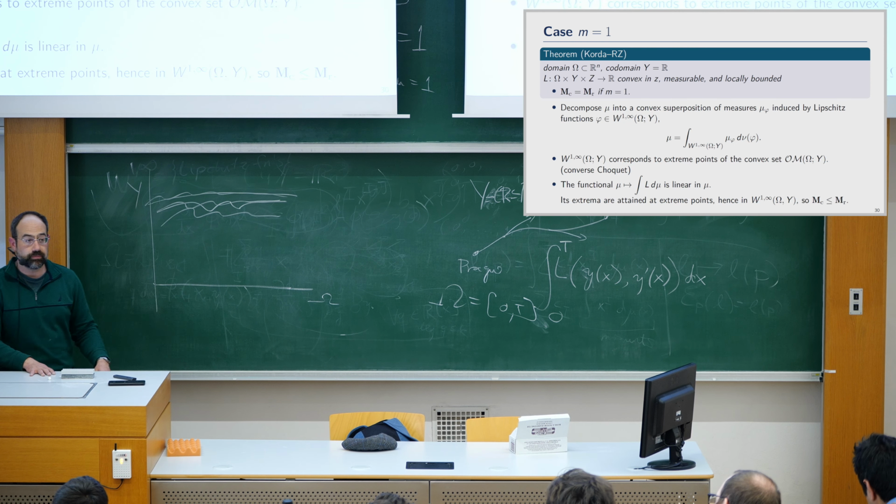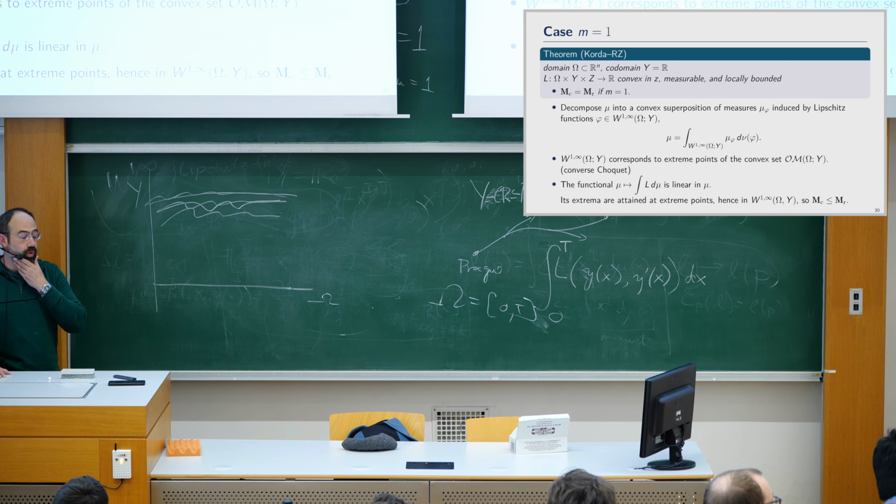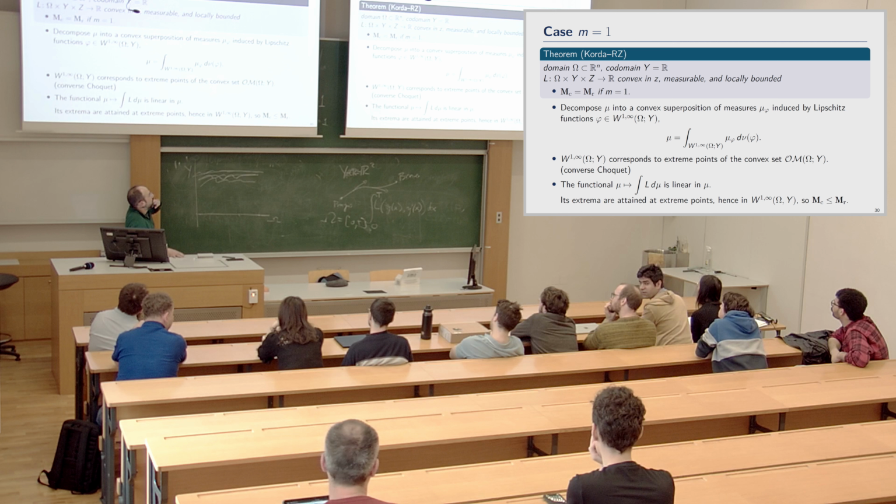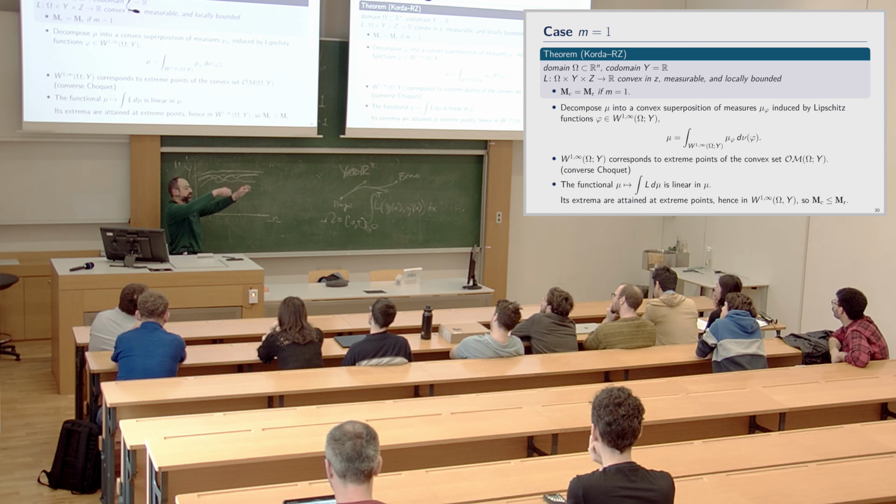And once you do that, the extreme points of the superposition, I mean, a superposition that minimizes, each of the points that it's superposing minimizes as well, because of convexity.